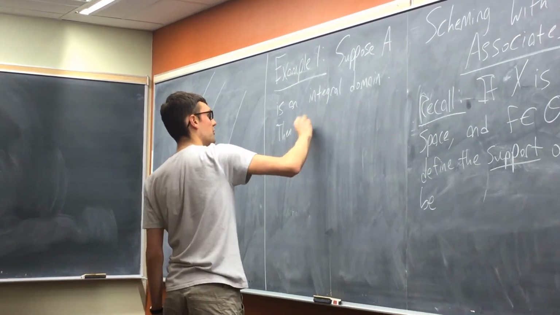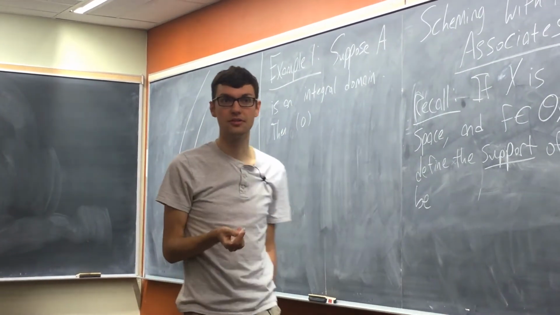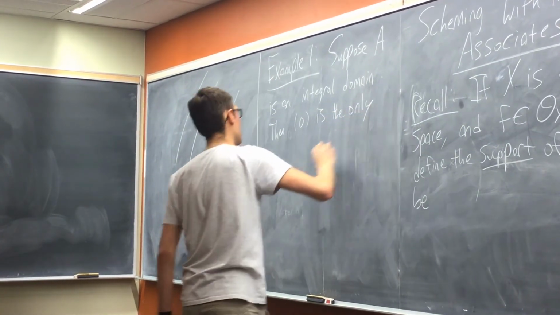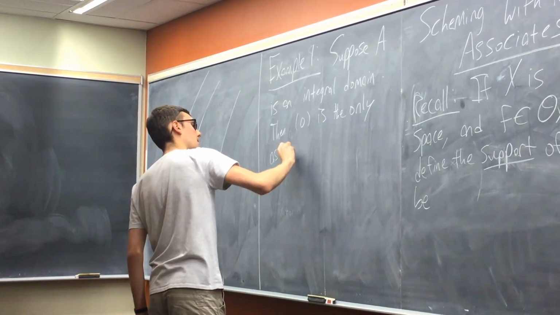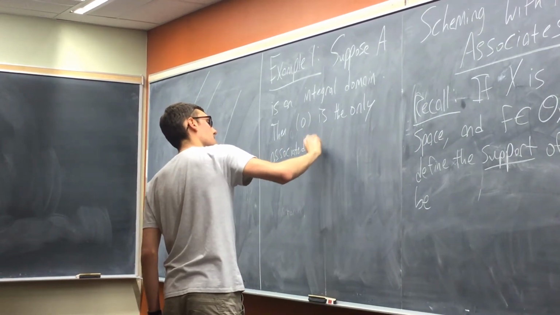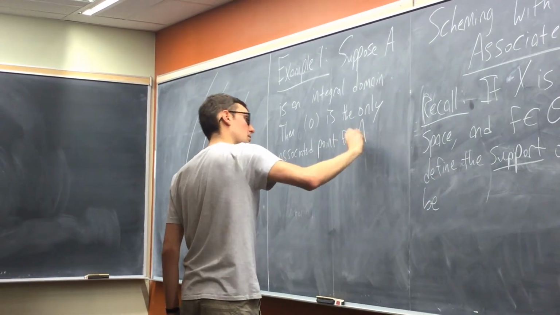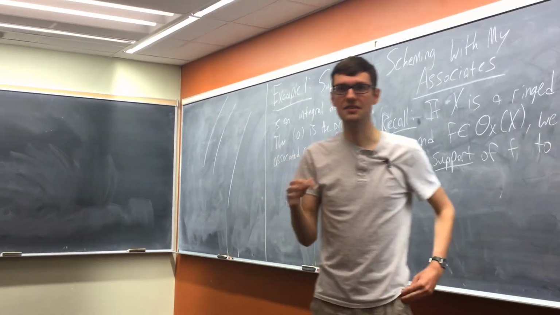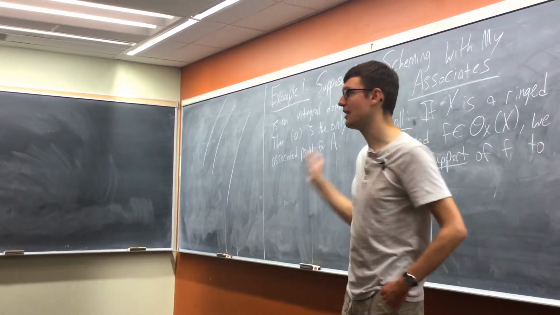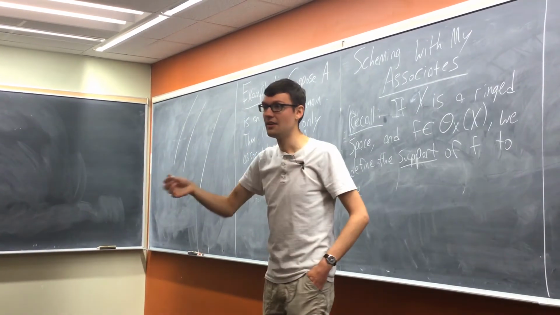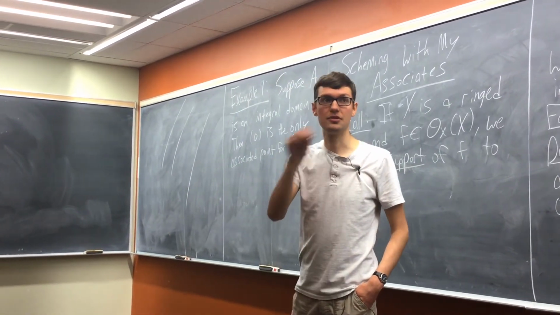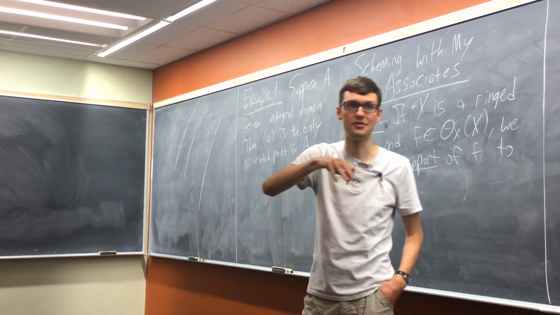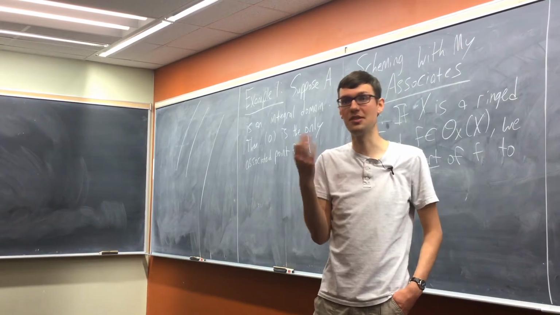It turns out the zero ideal is the only associated point for A. Which maybe we would expect, because when you're dealing with, say, the fraction field of an integral domain, you're just localizing A at 0. And if I'm going to talk about rational functions on some locally Noetherian thing, then I want to localize at associated points. So in this case, we're just going to recover A localized at 0 and recover what we would think is the fraction field.